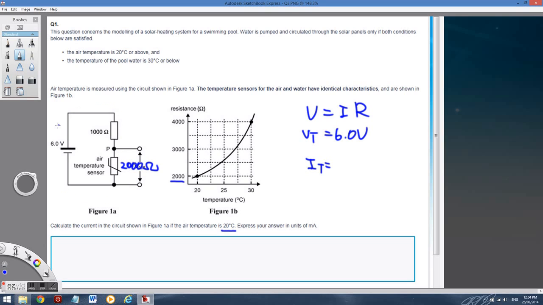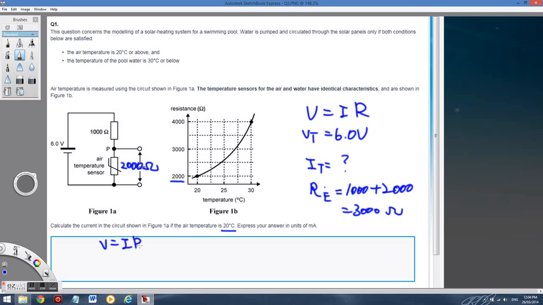Now we need to find the total resistance, the equivalent resistance. In a series circuit, the equivalent resistance is just adding them up. So 1000 plus 2000, which is 3000 ohms.